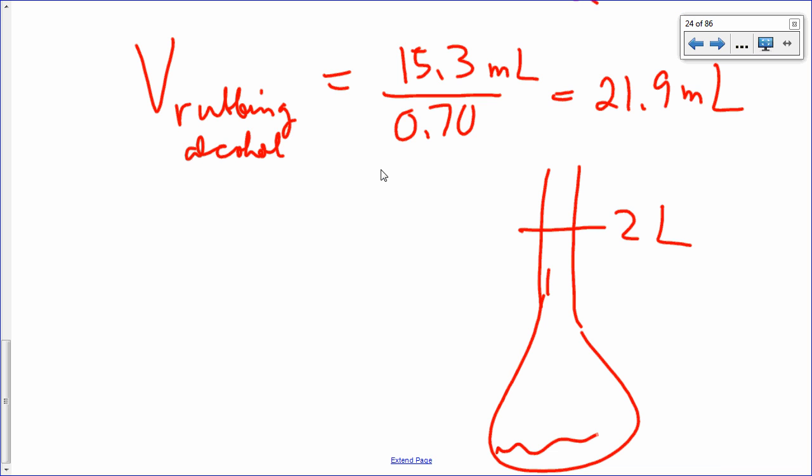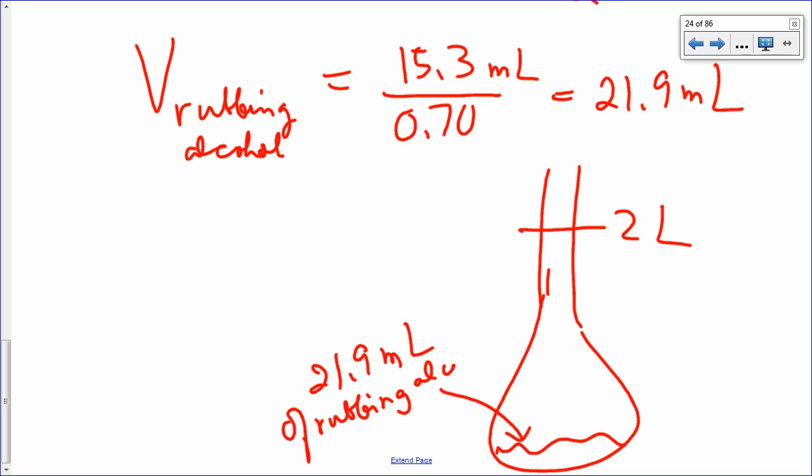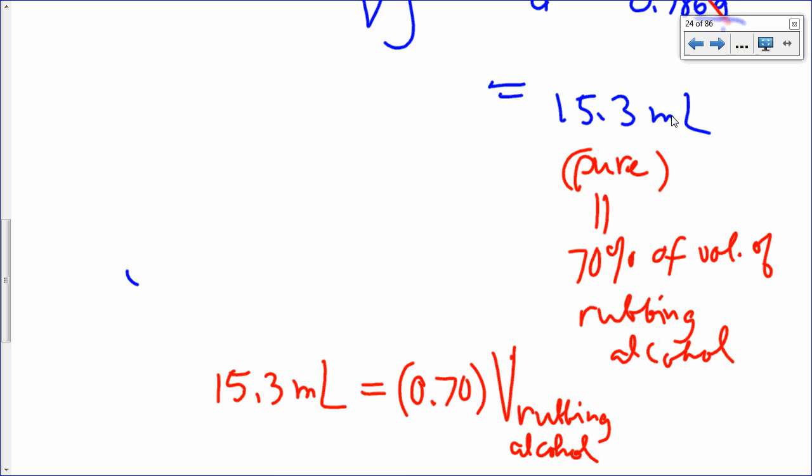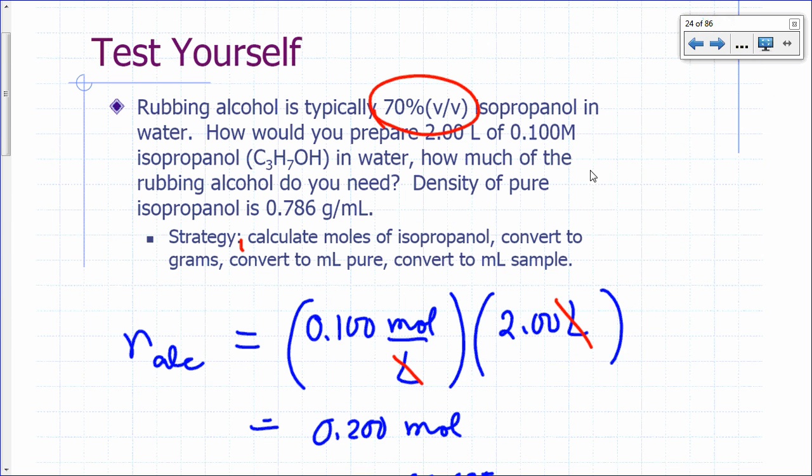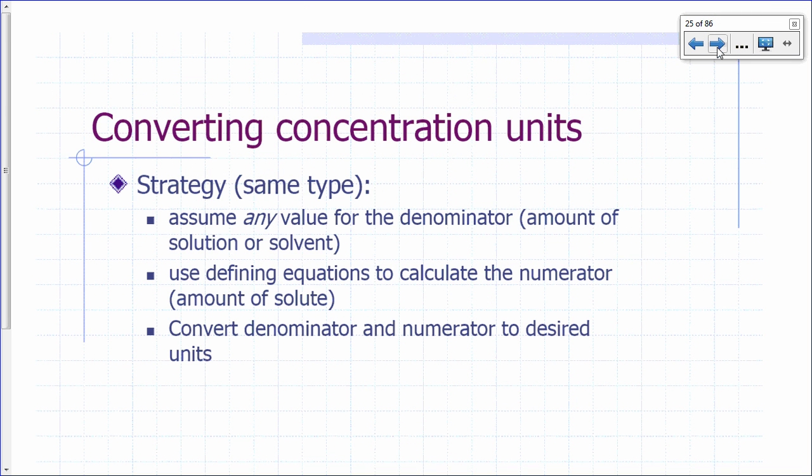I put in 21.9 mils of rubbing alcohol, and then add enough water to bring it up to 2 liters. And that will give me a 2-liter solution that is 0.1 molar isopropanol. This might be a good time to stop.